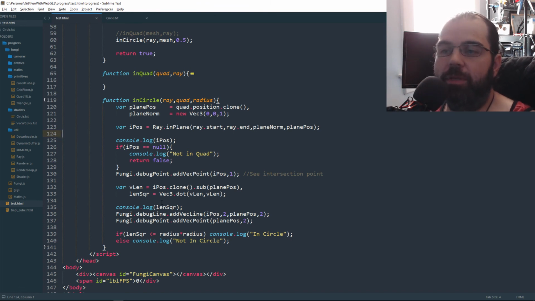Now, why am I using length squared instead of length? Because to get length, you need to do a square root. And square root is one of those math operations that's the slowest for a CPU. If you're doing a one-off thing, it's no big deal. If you're doing thousands of calculations, not using square roots would help things along a lot better.